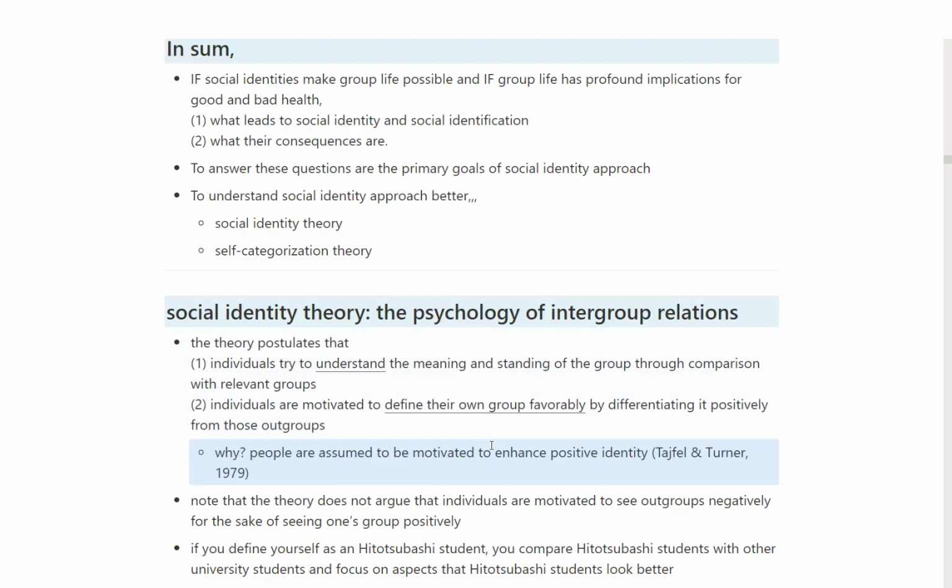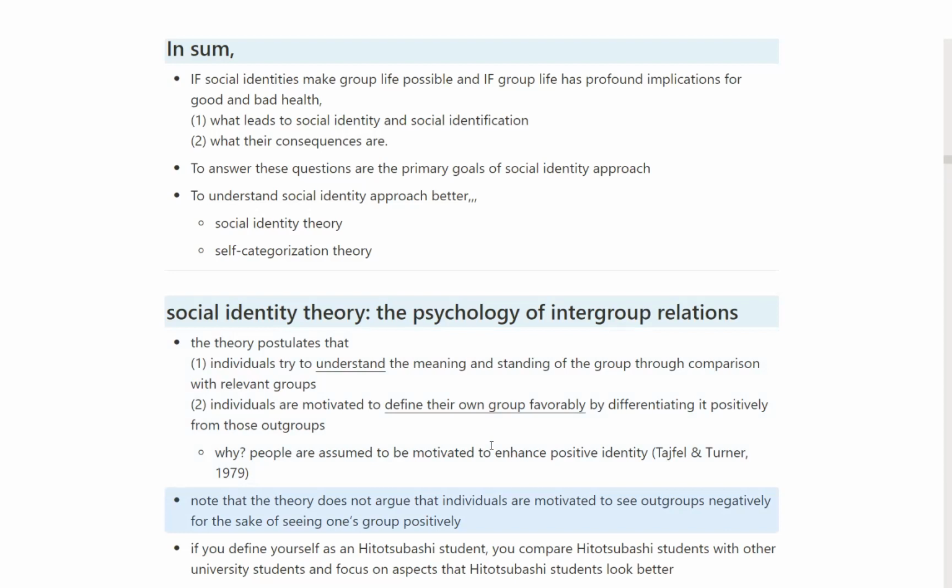And through the extension of this assumption, it is also assumed that individuals are motivated to define their group favorably as well.